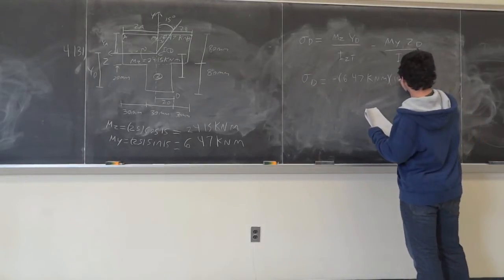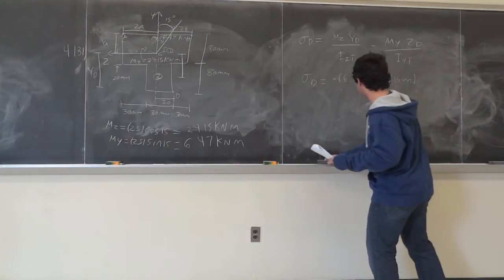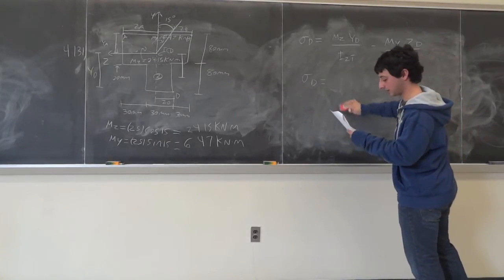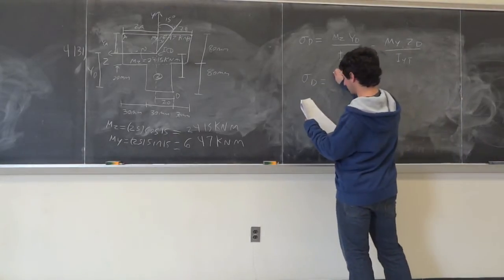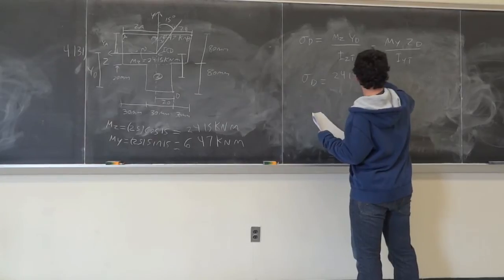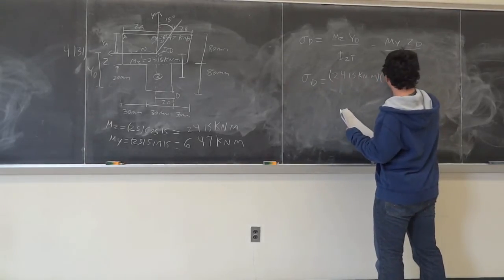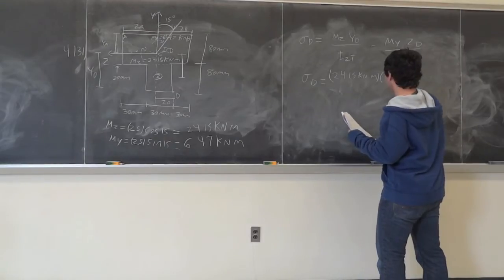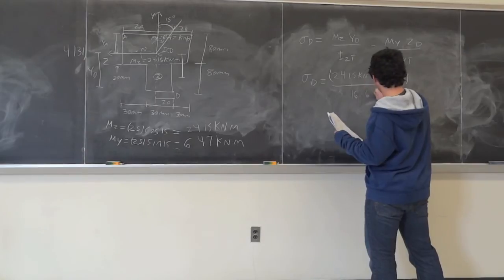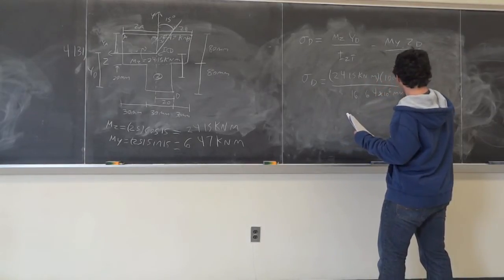Oh no, I have it backwards. I have to give you the positive term first. This is 24.15 kilonewton times a meter. The distance is 100 millimeters over 16.64 times 10 to the 6 millimeters to the 4th.